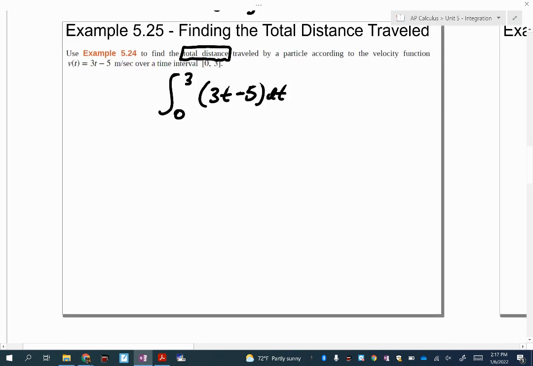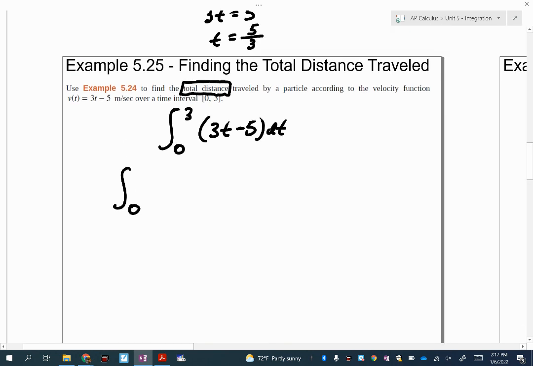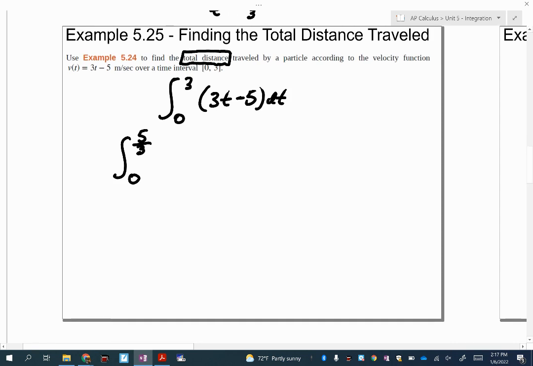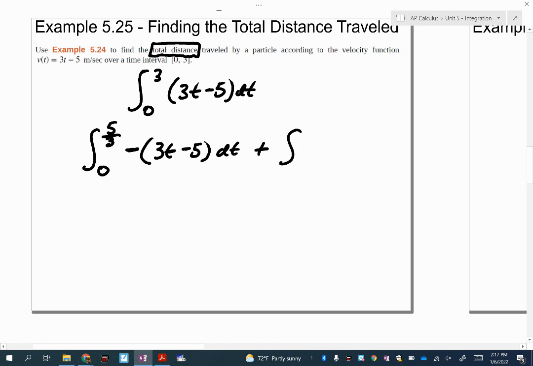So essentially, I'm going to be doing the integral from 0 to 5/3, all right? And this is going to be the negative version of this, so the opposite of our 3t minus 5, plus the integral from 5/3 to 3, and those are the positive y values, so 3t minus 5.